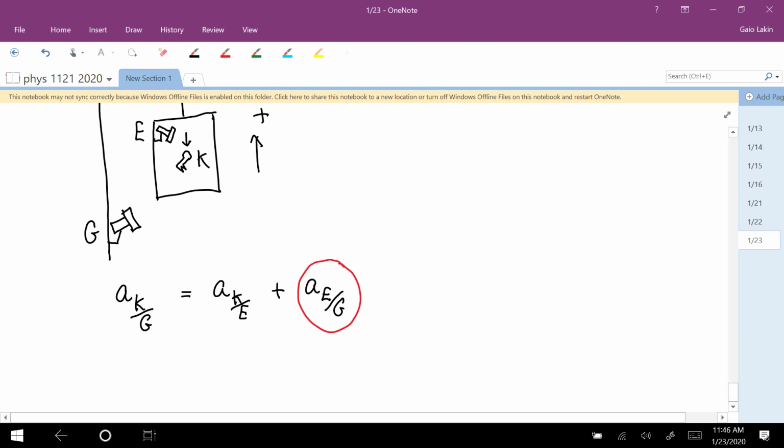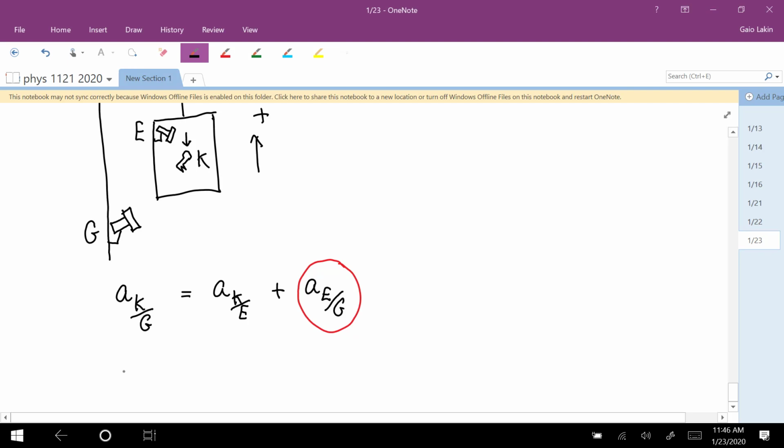Okay, well, this camera that's mounted to the wall, and by the way, these can be imaginary. It doesn't say anything about there being a camera mounted to the wall of the elevator shaft. But if there was a camera mounted to the wall of the elevator shaft that could see the keys, what would it see the acceleration of the keys to be? Exactly.